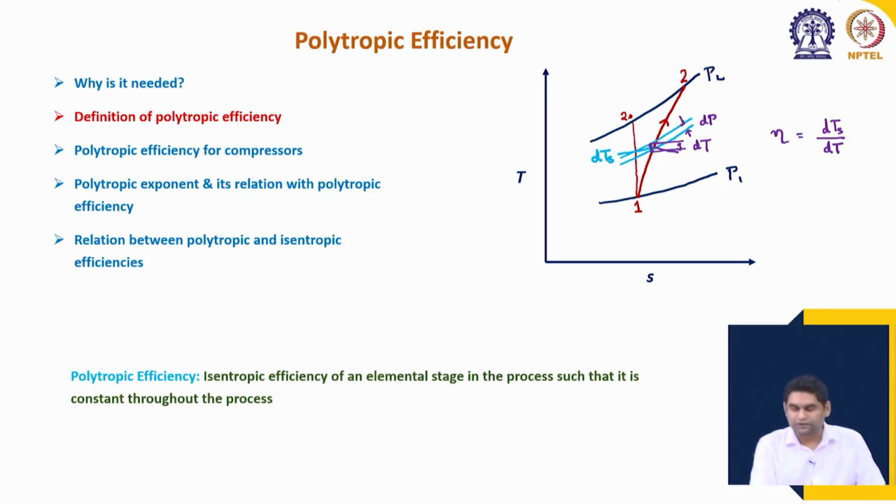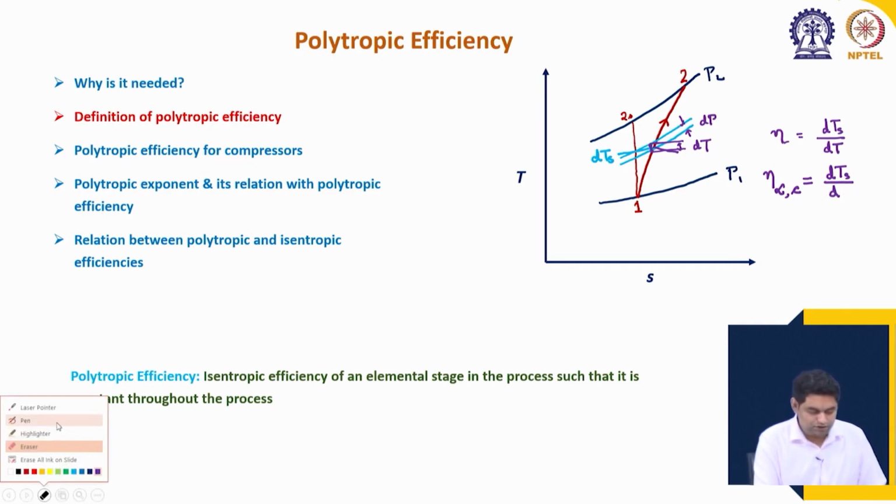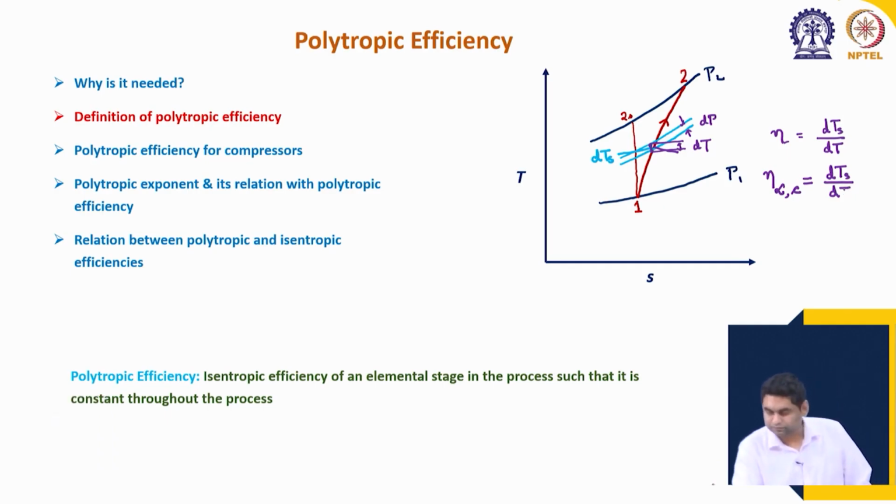Because this is an infinitesimal stage, by definition this isentropic efficiency is what we call the polytropic efficiency, which is denoted by putting a subscript infinity. For the compressor, this is equal to dTs by dT. This is not the small t, capital T, of course. So, polytropic efficiency is the isentropic efficiency of this infinitesimal stage.